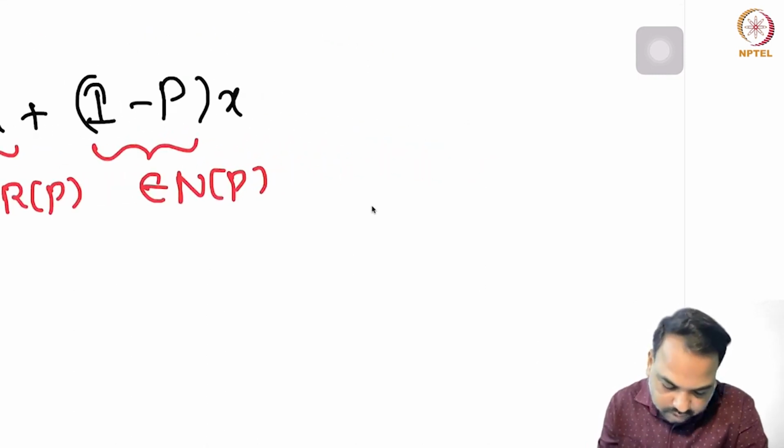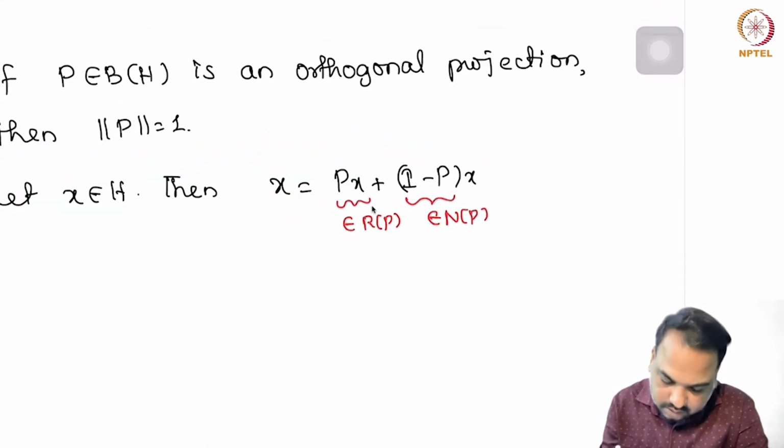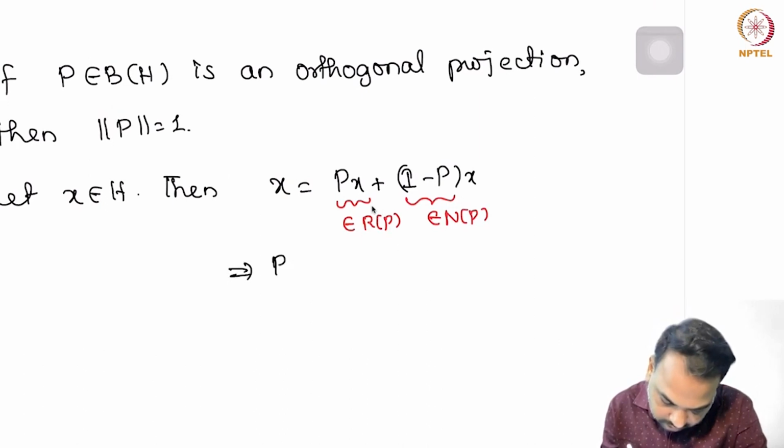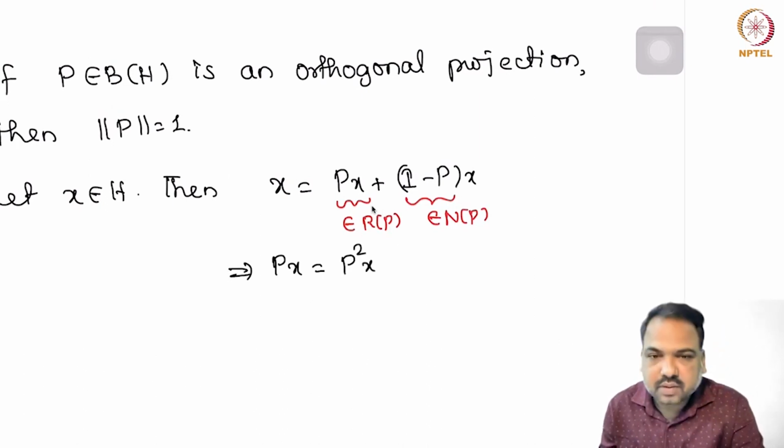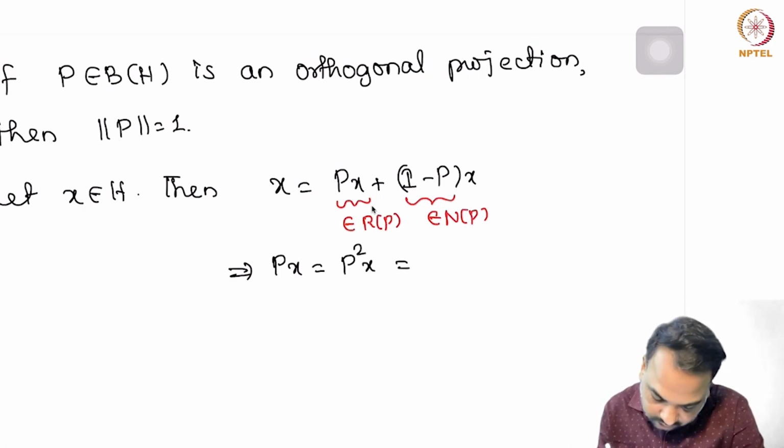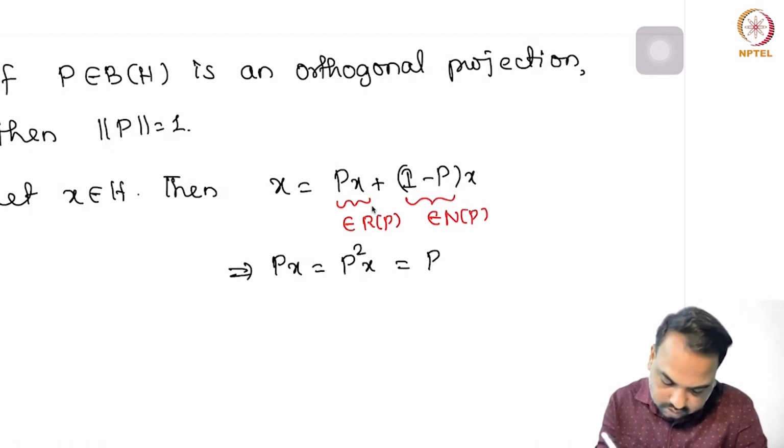Now if you compute Px, this implies Px is P square x, and P of the other one is 0.